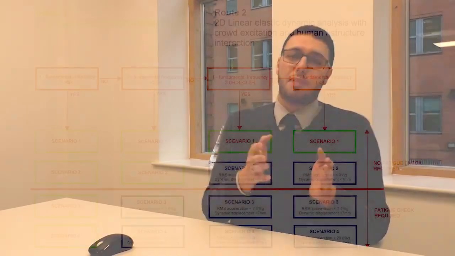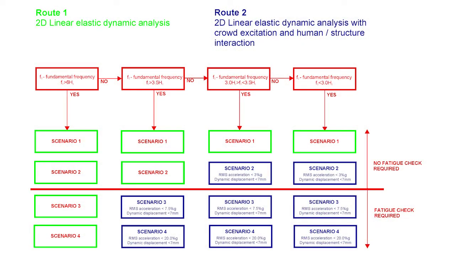Based on these 4 scenarios, we have 2 methods to analyze our structures. The simplified method is to find the mode frequencies, the natural frequencies of the structure, and if it's above 6 Hz, then this is fine. But it's very difficult to get the frequency of the structure above 6 Hz, because this would require an uneconomical design.